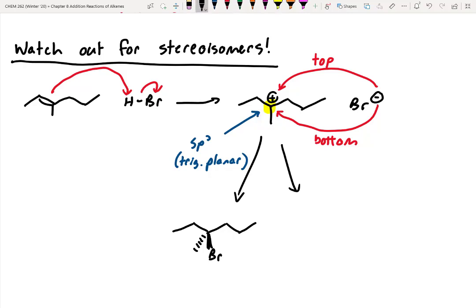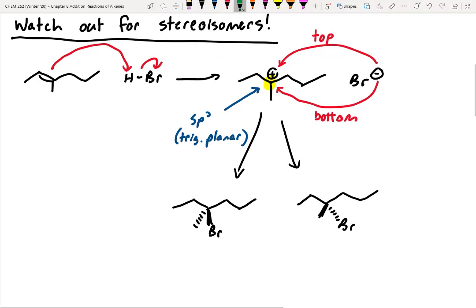If we do the bottom side attack, then the bromine would be a dash. All right, what's the relationship between these two products? How are these related to one another? They're enantiomers, right? So you do have to watch out for forming mixtures of enantiomers.